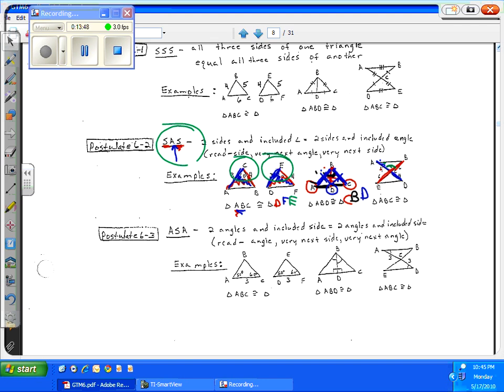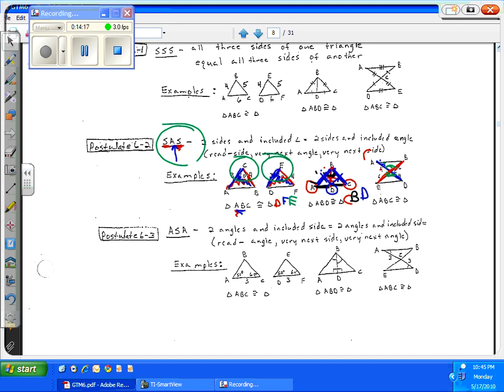The angle included here on the top one is equal to the angle included on the bottom one because vertical angles are equal. So we got reflexive property going on. Vertical angles are equal going on. So we do have two sides and an included angle of one triangle equal two sides and an included angle of the other. So we can say that the triangles are congruent by side angle side.